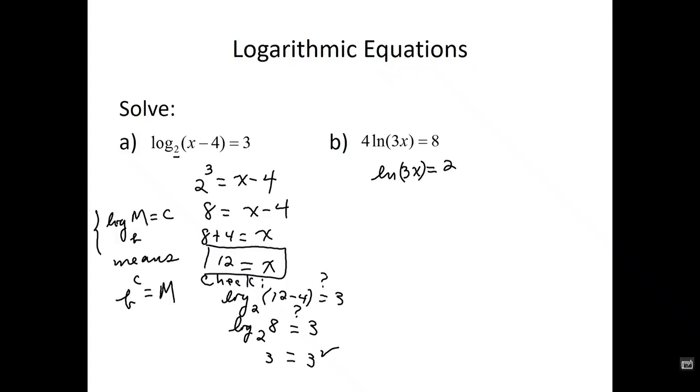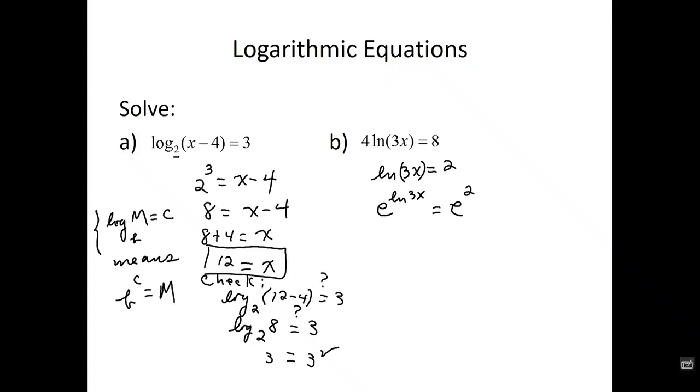So now we can rewrite this in exponential form. So what do we have? We have e to the natural log of 3x is equal to e squared. So we have the natural log, so we can multiply.